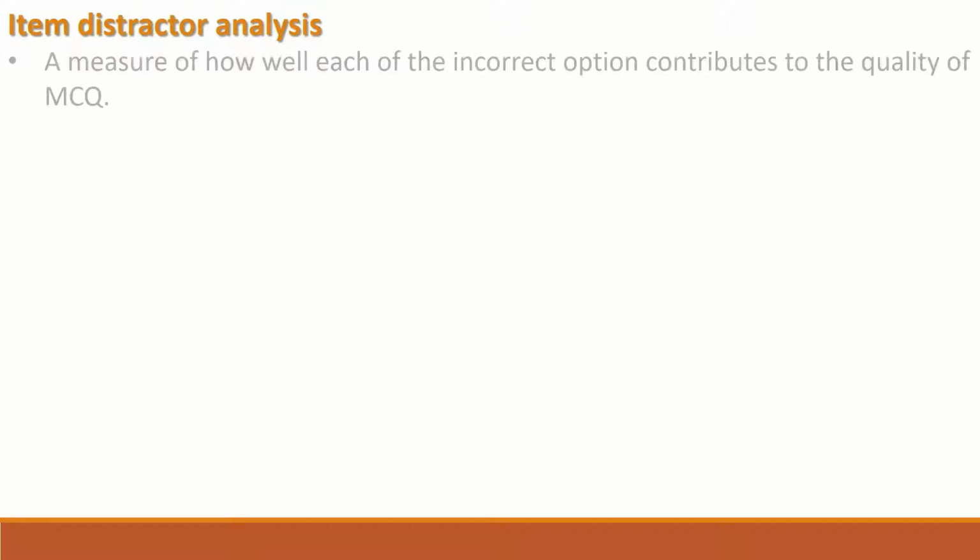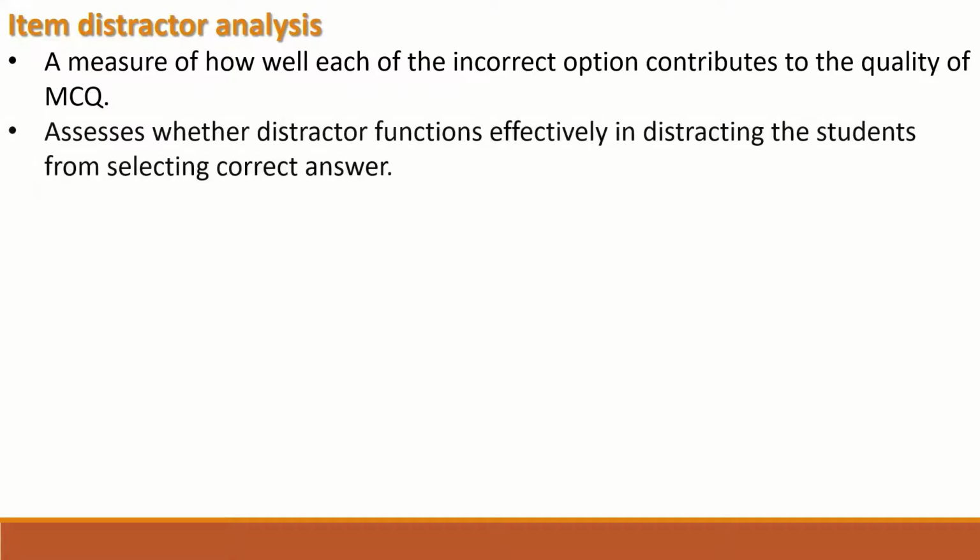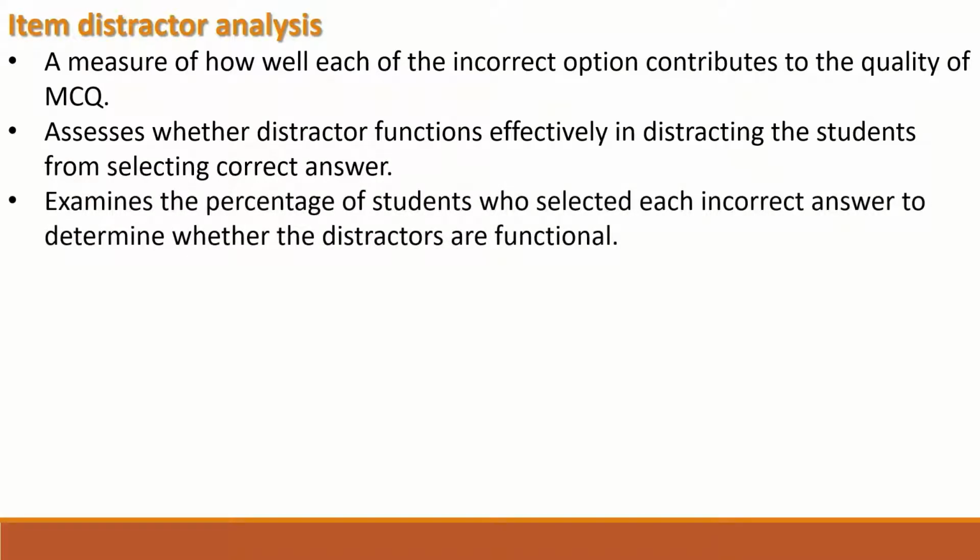Item distractor analysis is one way to measure how well each of the incorrect options in a multiple choice question contributes to the quality of the question. It assesses whether the distractor functions effectively in distracting the student from selecting the correct answer.